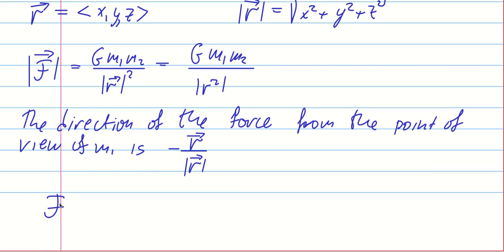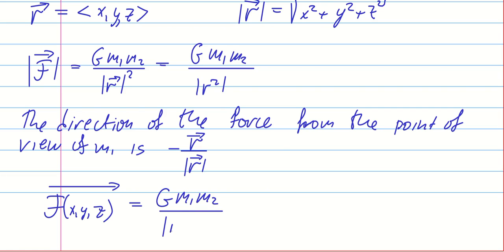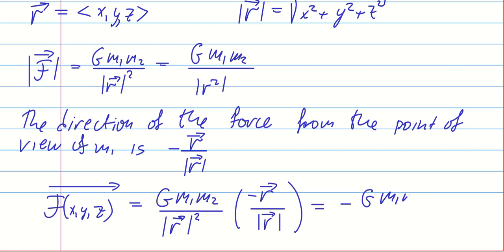Alright, so we can define big F of x, y, and z to be G M1 M2 over the magnitude of R squared times the unit vector negative R over the magnitude of R. And finally we get negative G M1 M2 R over the magnitude of R cubed.